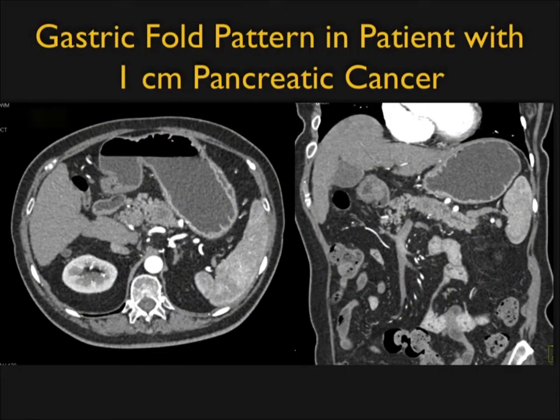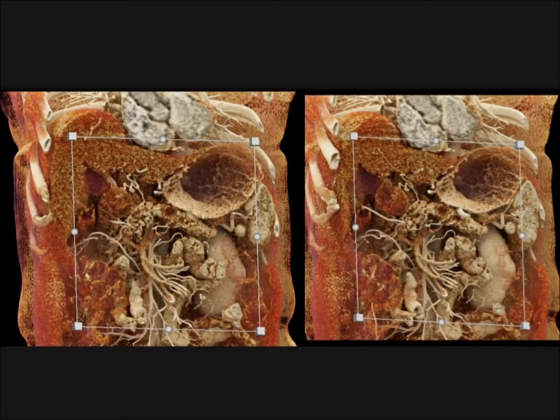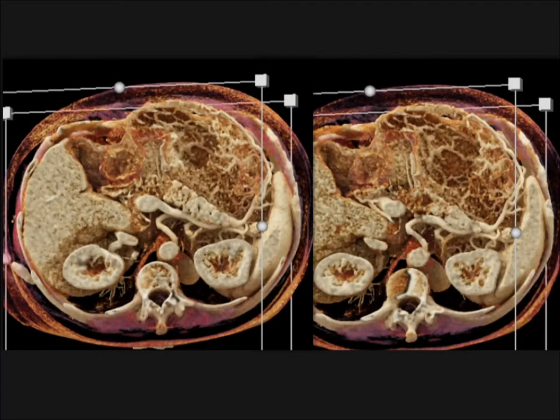Or in this patient, look at the gastric fold pattern. It's a mass in the body of the pancreas, but I'm not impressed by the fold pattern perhaps, but look at the details that you get with cinematic rendering, where we're inside the stomach, accentuating the details and showing some of the collateral vessels because of the pancreatic mass.